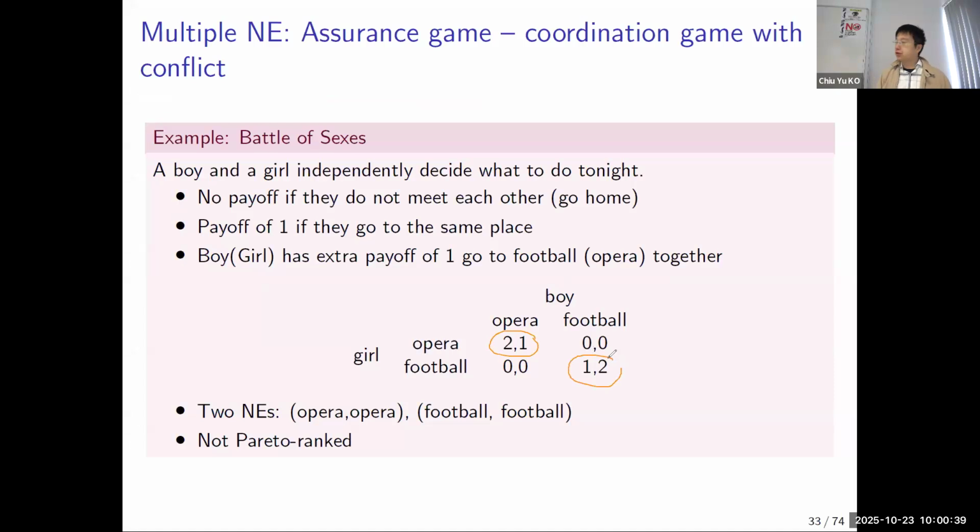And as you can see, what is the equilibrium? Because neither one is better than the other, since they do not Pareto dominate each other. So what should be the outcome? What do we expect? Can you predict what the outcome is, with opera or football, if you have to pick?